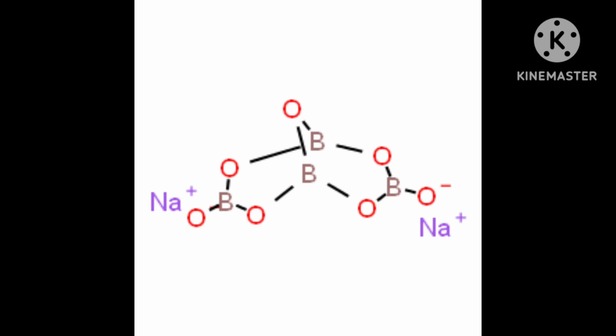Minus means delta H is negative, an exothermic reaction. The reaction is B2H6 plus 3O2 gives B2O3 plus 3H2O.